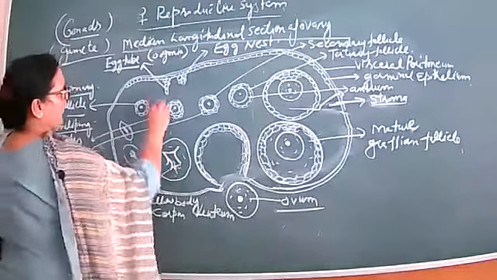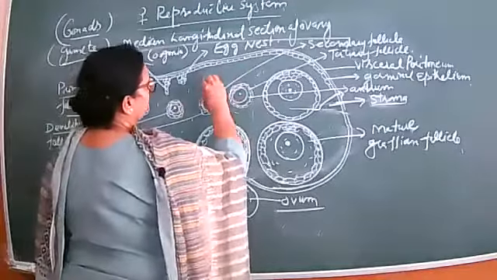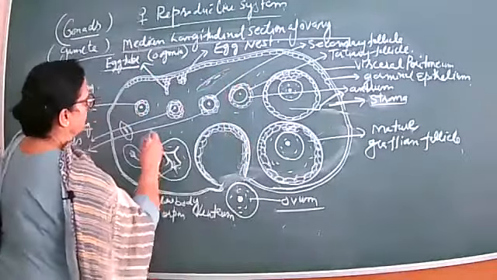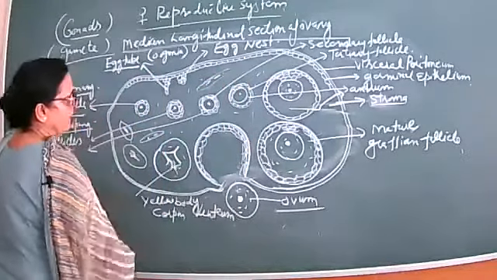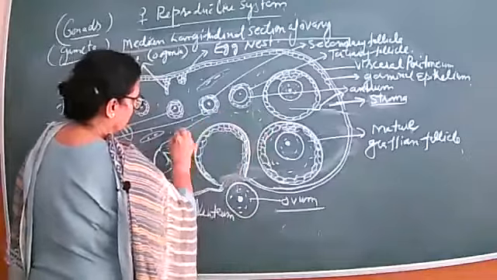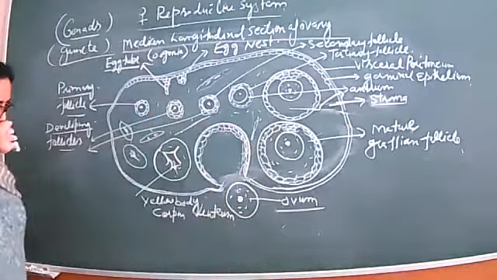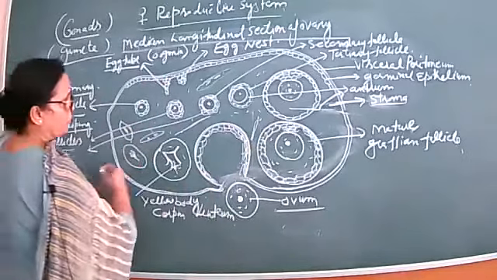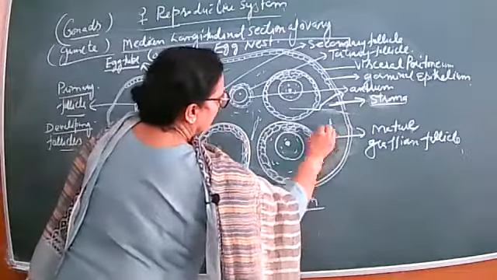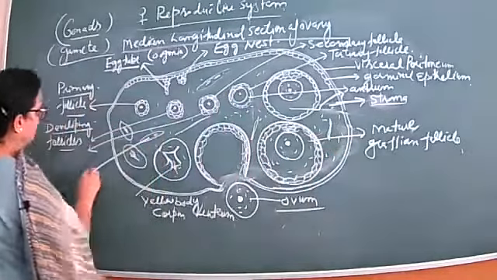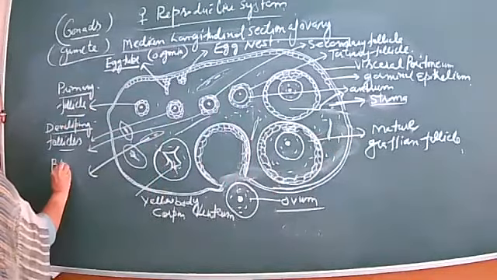Now within this ovary, I also told you that blood vessels are there. So we have to show the blood vessels. These are here and there at some places, and nerves can also be shown. Or this is the fluid filled part, right? So I mark over here blood vessel.